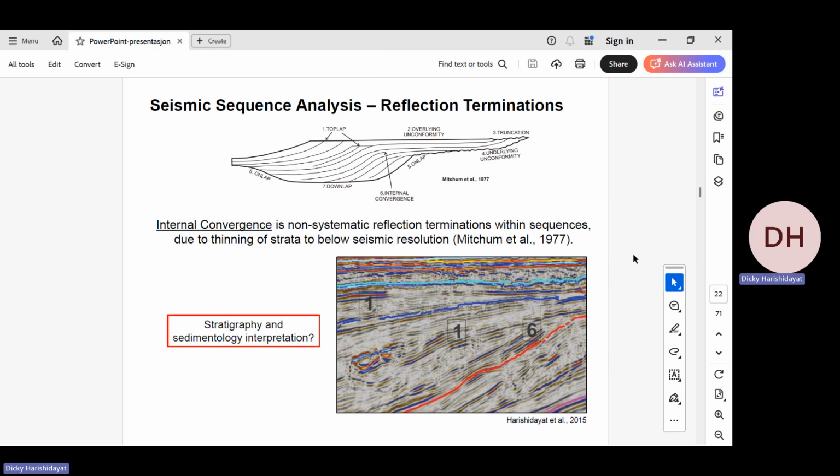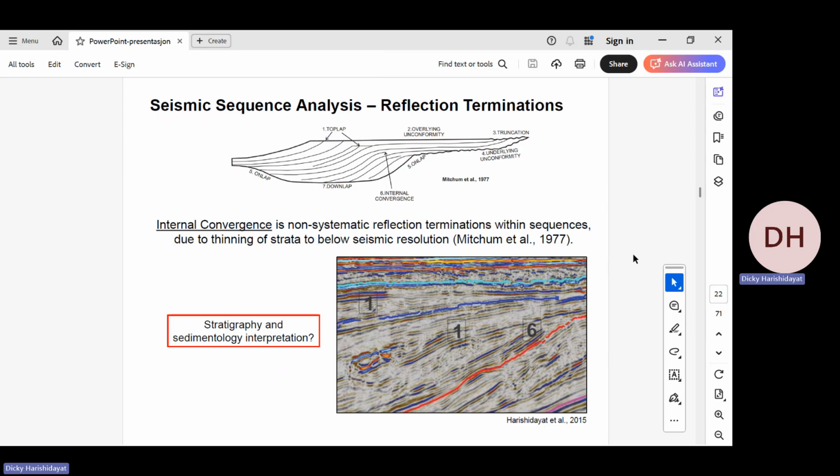Next is the internal convergence, where internal convergence is a non-systematic reflection termination within a sequence due to the thinning of the strata below seismic resolution.